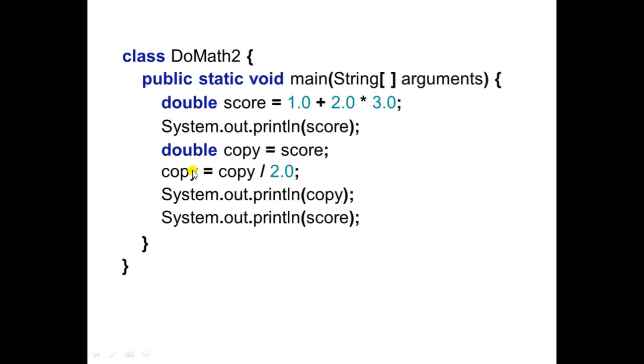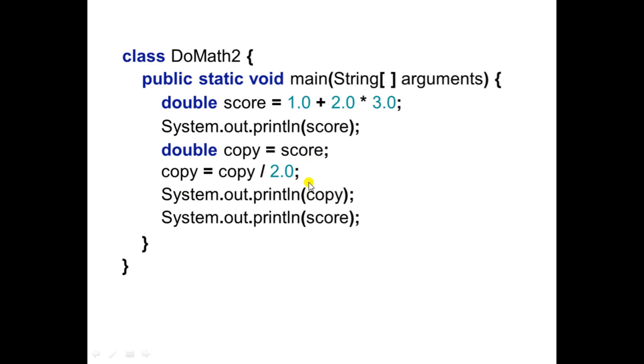Then you are overwriting copy with the value copy divided by 2.0. So it's 7.0 divided by 2.0, whatever it is, and that will get overwritten in the copy variable, and that updated value you are displaying over here.